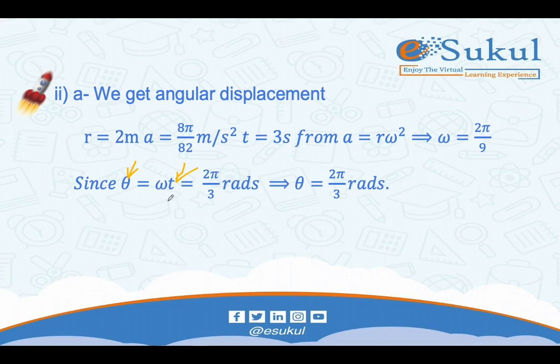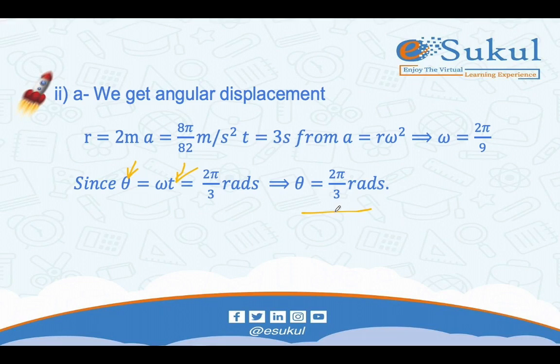So replacing our calculated value ω, we can then have our angular displacement 2π/3 radians, where we have taken g to be 10 meters per square second, which is the acceleration due to gravity. That's all for question 2.